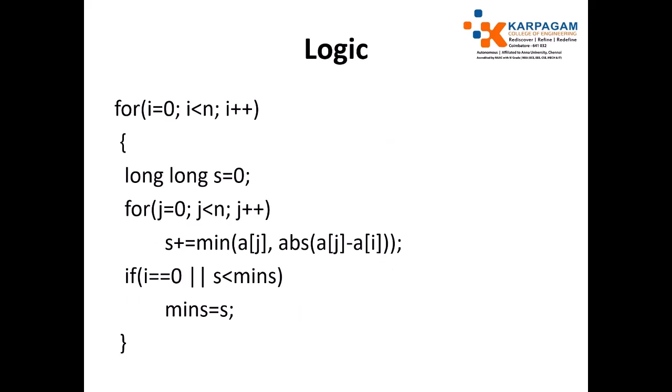For the purpose only, here I check the condition. See here, when s is less than minimum, minimum equals s. This is the logic for finding the minimum number of operations. Okay. This loop is aiming for the number of operations required to convert other elements to the current number.